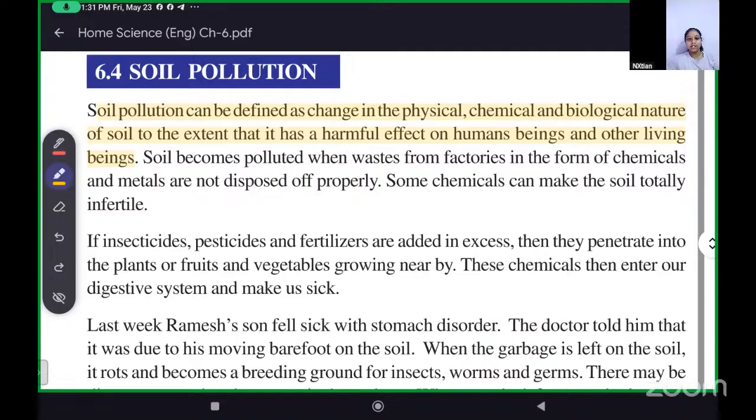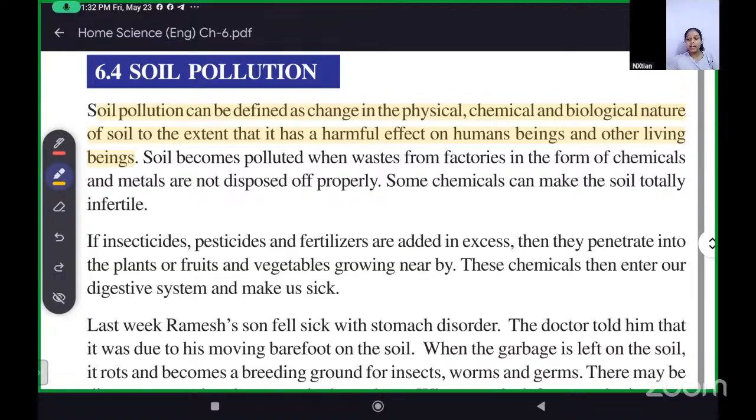If a lot of chemical pesticides are put in the soil for the plants, then the nature of the soil will become chemical. It will have a lot of chemical content in it, and it will turn acidic. That is the change in the chemical nature.